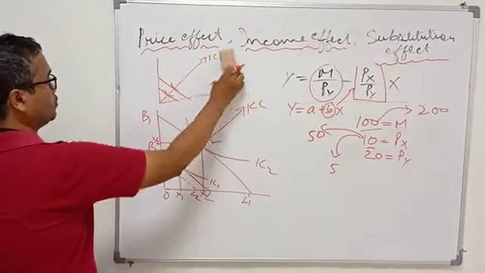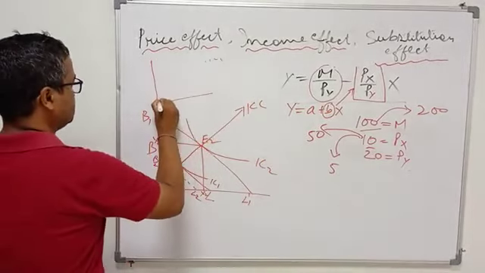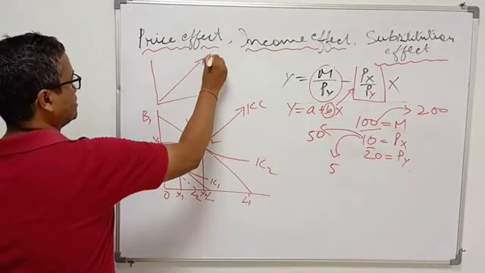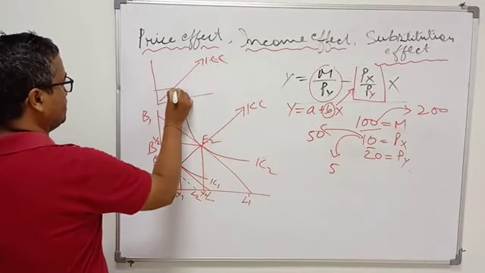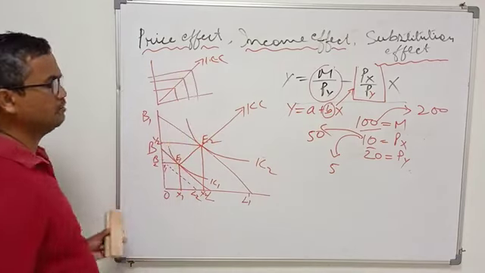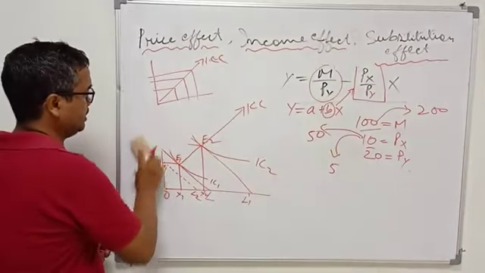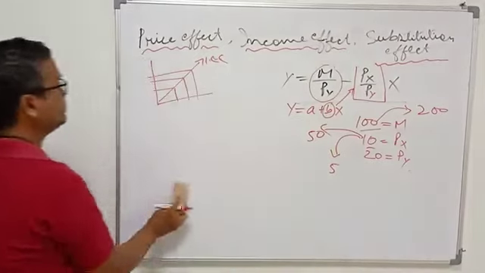But sometimes we do not draw the budget line and indifference curve. If we draw the ICC, from here we can say whether with increasing income, consumption of both the commodities is increasing or only one commodity is increasing. That means it depends upon the shape of the indifference curve.